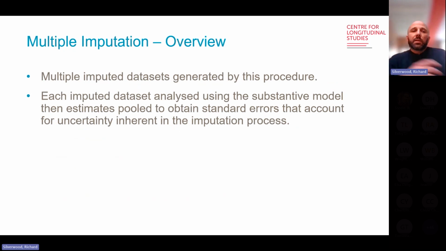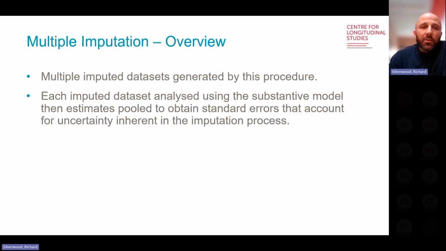So here we impute multiple data sets using a similar procedure. In each of those data sets, we analyze these completed data using the substantive model that we're interested in, and then we pool these estimates across imputed data sets using standard rules that allow us to obtain standard errors that account for uncertainty, as I say, inherent in the imputation process.